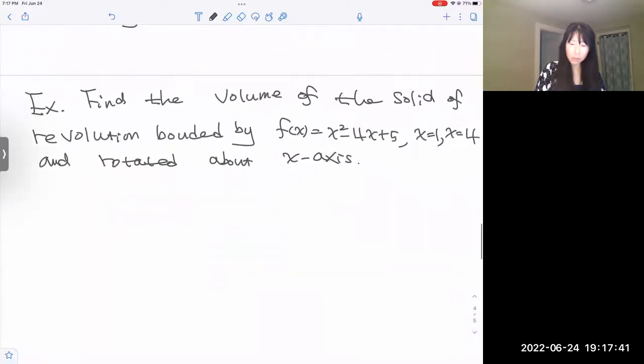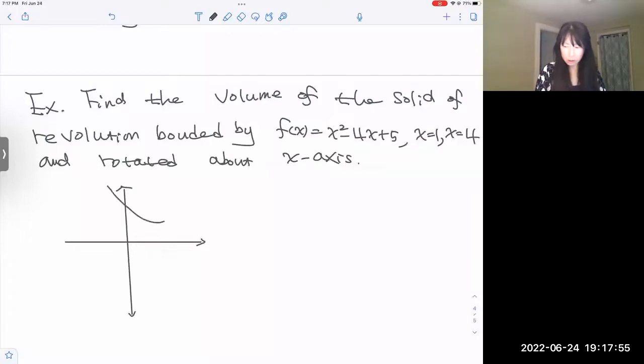Okay, so let me draw it approximately. So this graph looks like that. A parabola, open upward, right? There is the function f of x, and then they give us x equal to 1, x equal to 4.